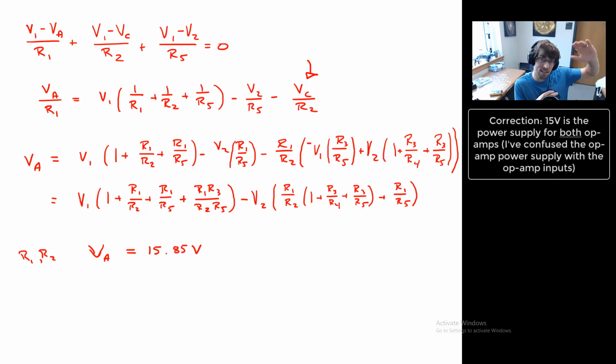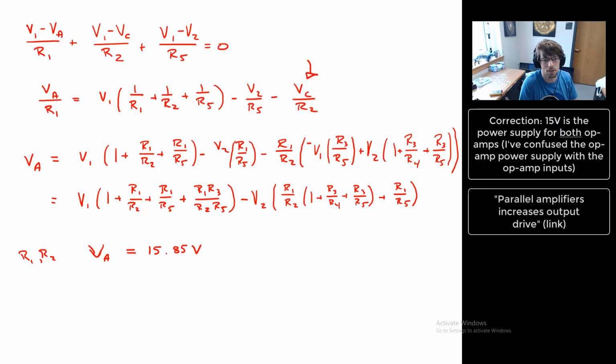This sets it up in a manner that allows you to get slightly higher than the output of a single op amp. If this were just a single op amp with a plus or minus 15 volt supply, you would be limited to 15. You'd have to be below 15 volts for the output. Here, because of how it's stacked and arranged, you can end up with slightly higher. Pretty cool.